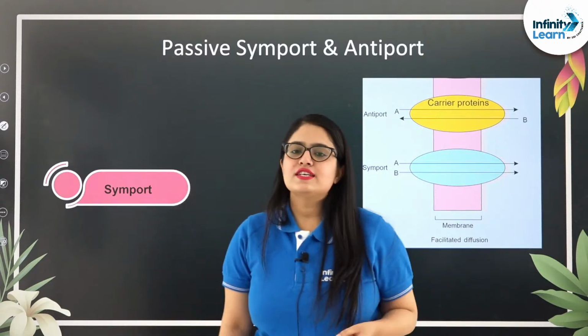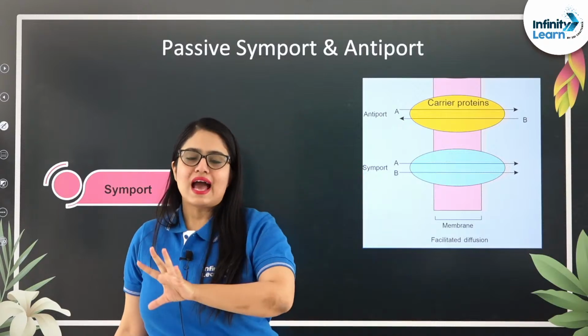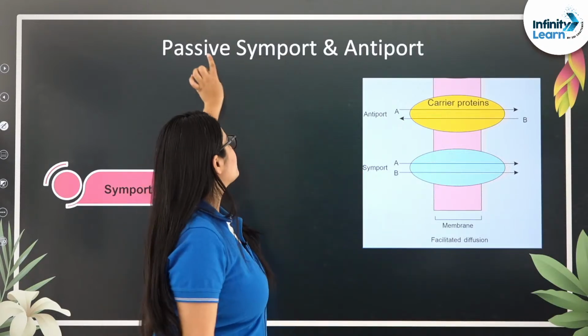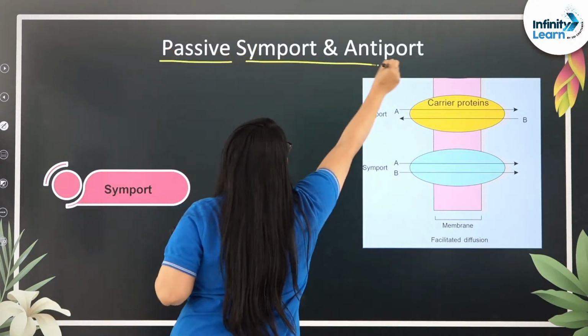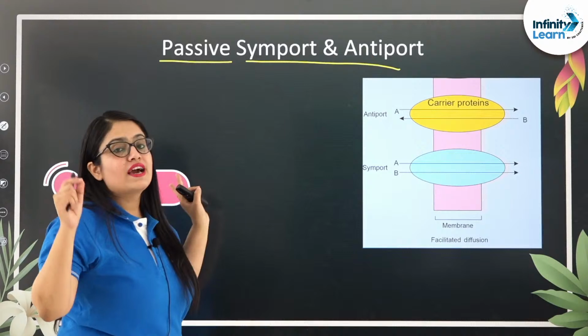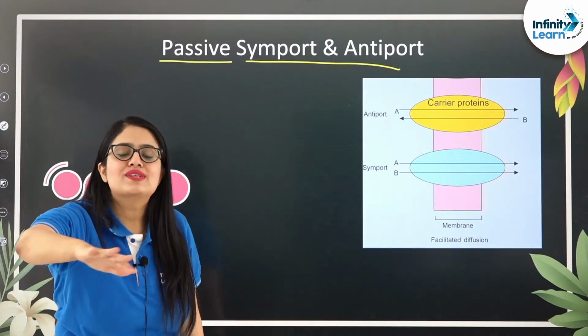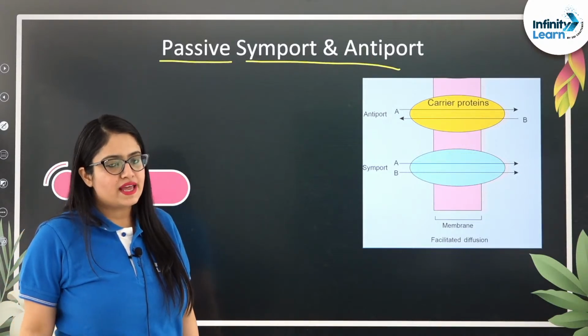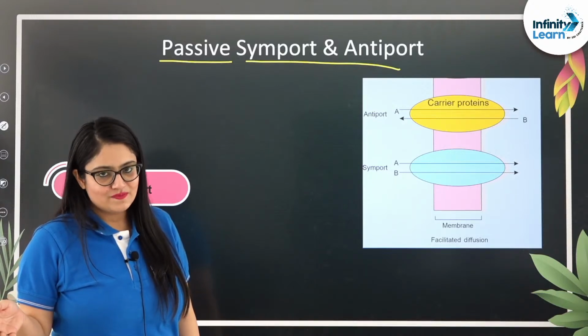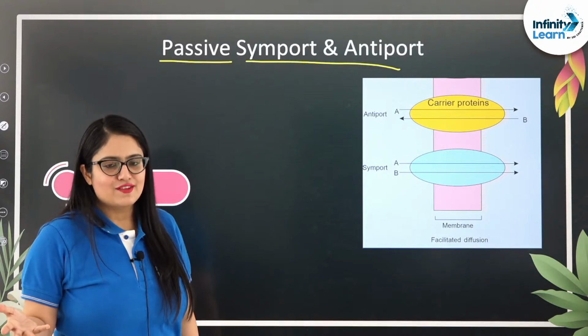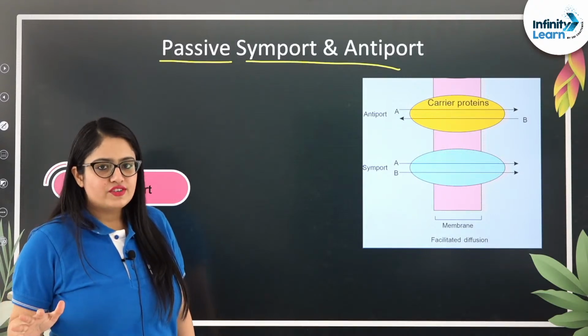So, let us see students, symport and antiport. Remember, they are passive transport. That means no utilization of ATP energy, or energy in any other form. So, there won't be any expenditure of energy first of all.